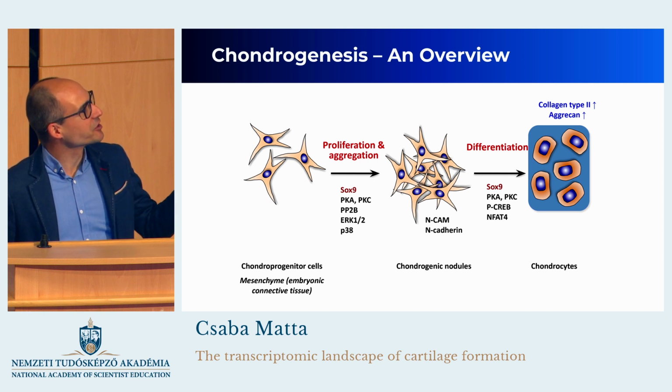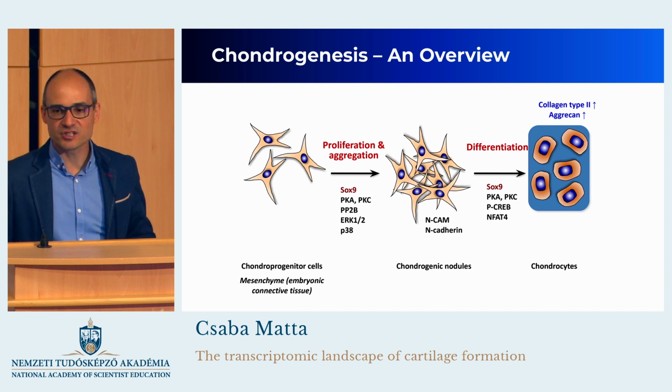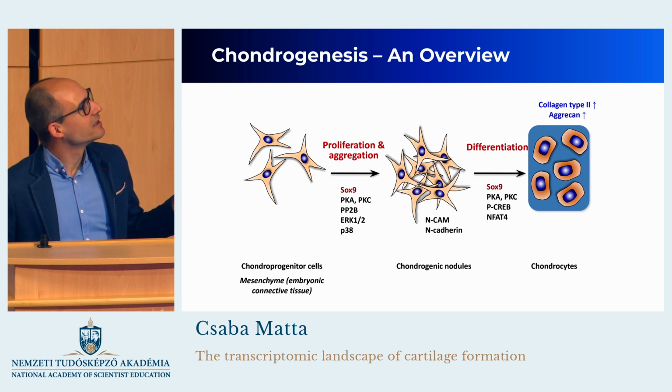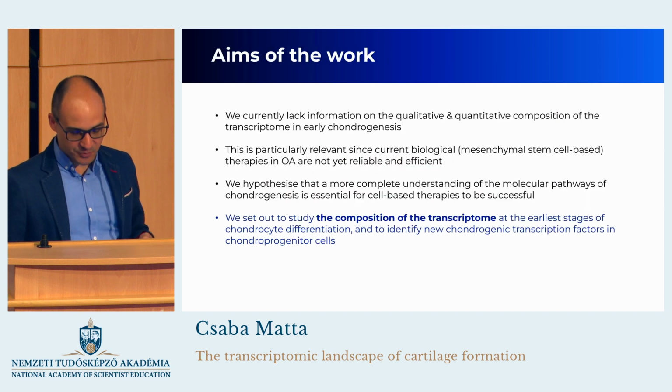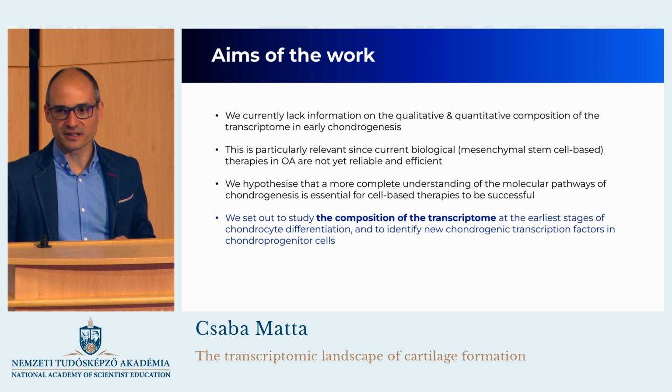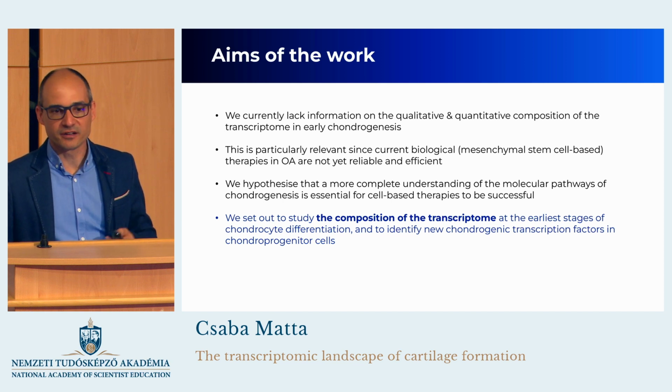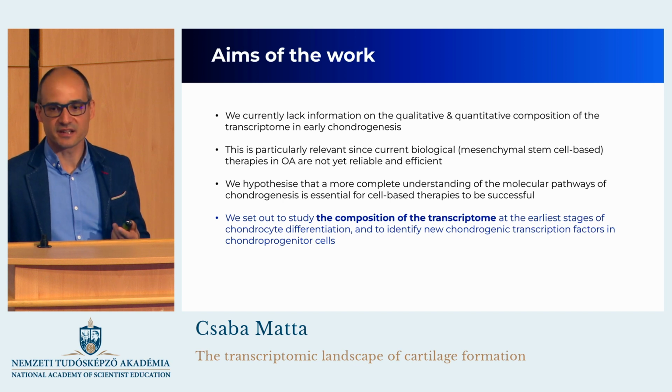And these chondrogenic nodules are essential for differentiation, which means that these cells lose their original morphology and they become rounded or oval-shaped, so they acquire this typical chondrocyte, cartilage cell morphology, and they also start producing cartilage matrix. And like I said, this process is difficult to study in humans because it happens in the embryo, so there are different experimental models that we can study the process.